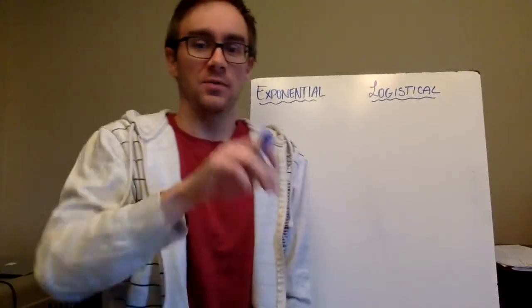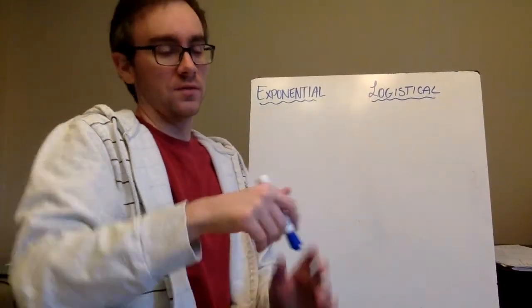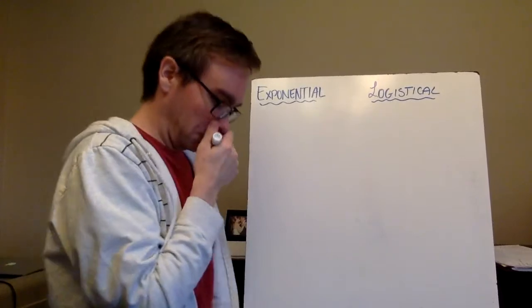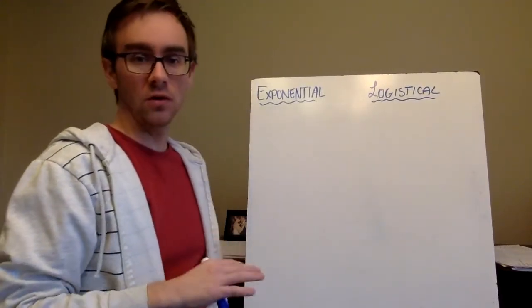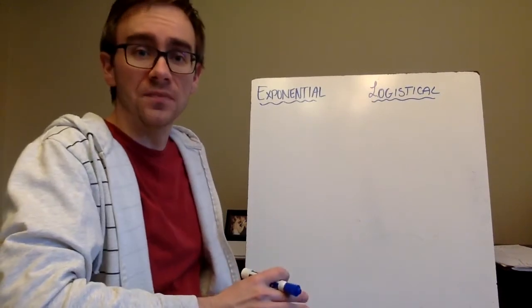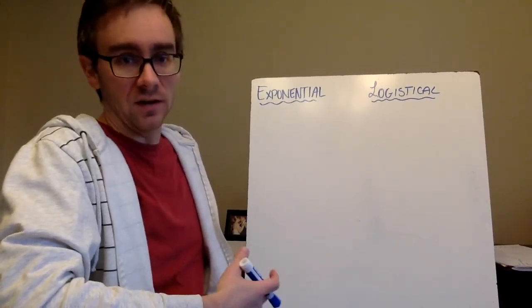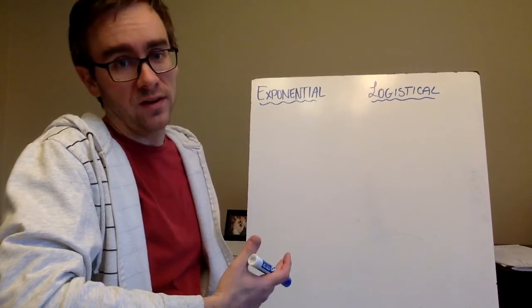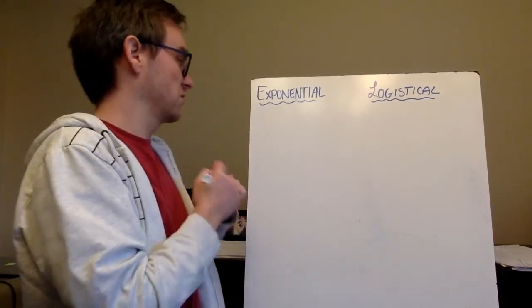So let's talk about exponential and logistical growth curves. Let's talk about the logistical one. The whole idea of the exponential is about trying to see the change in population size, right? And so we have a calculation that includes that growth rate. So this is what the equation looks like.